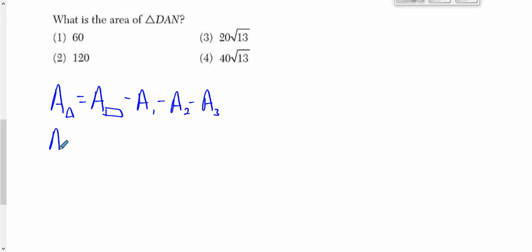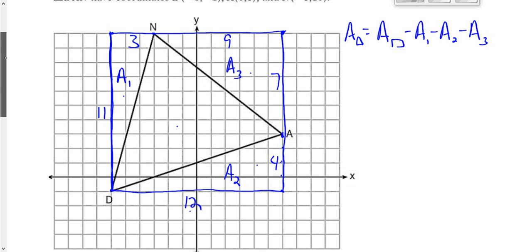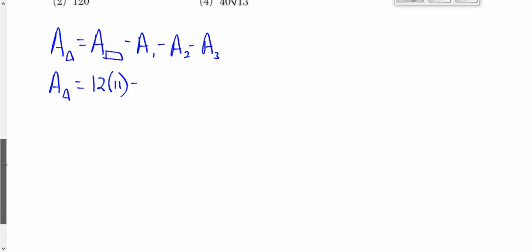So we might say the area of the triangle is, area of the rectangle was 12 times 11, right? Minus, so the area for triangle 1, we look up here, was 1/2 of 3 times 11, right?